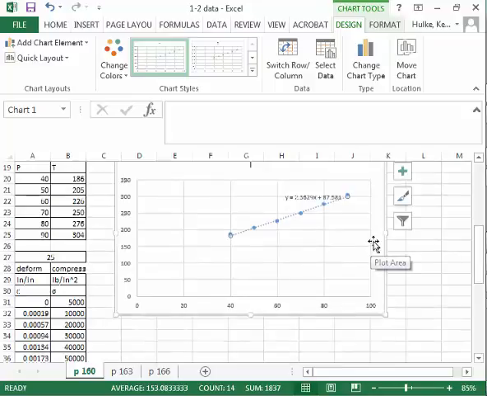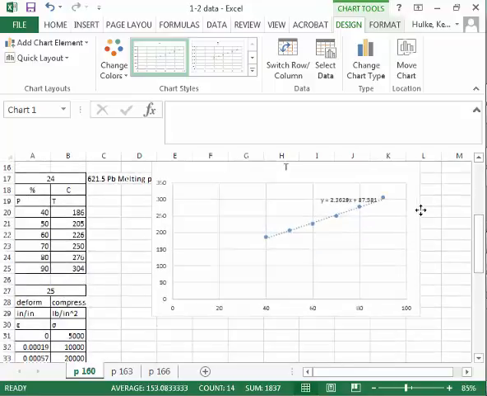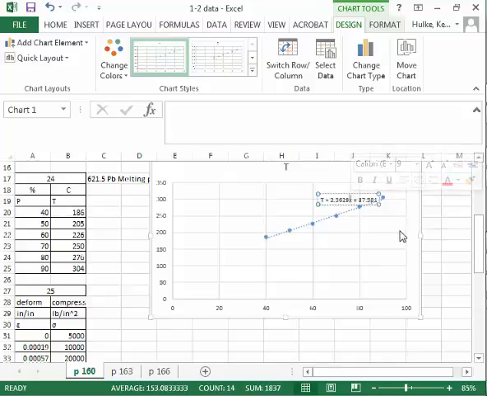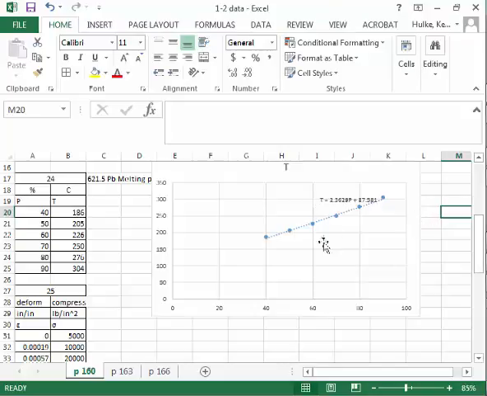And in fact, it gives us the coordinates of the line. Now actually, it says y, but if you look, the y-axis is actually the temperature Celsius, and the x-axis is the percent. So I just changed those letters so that it makes more sense.